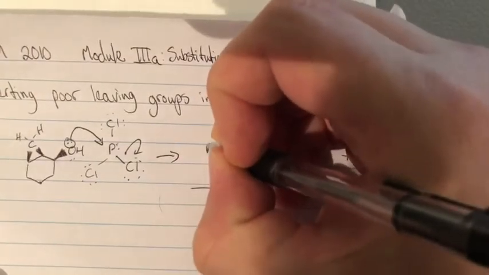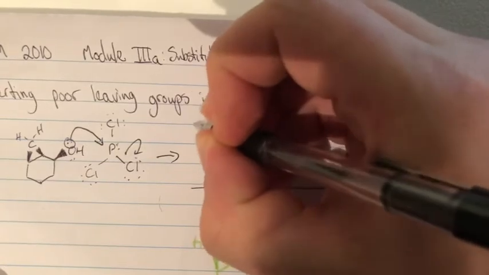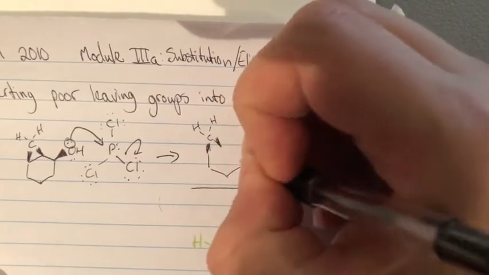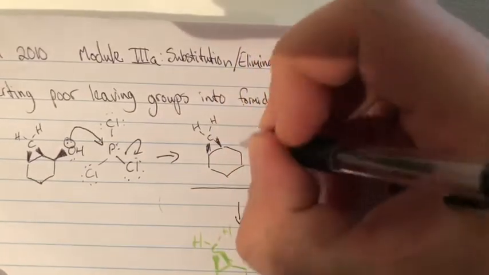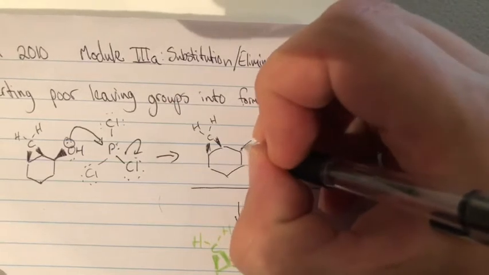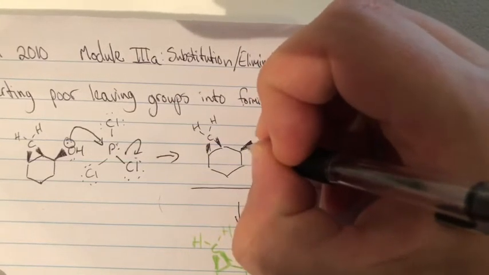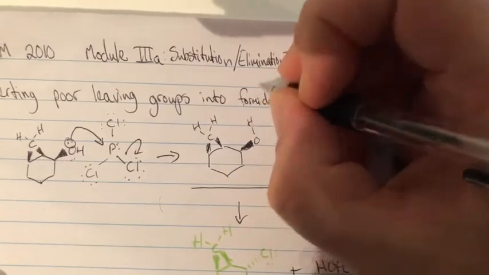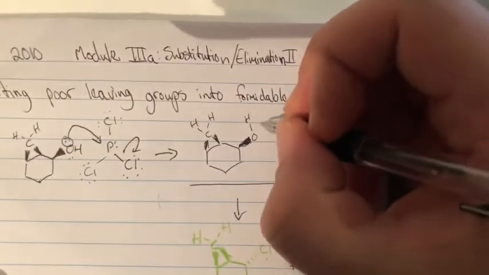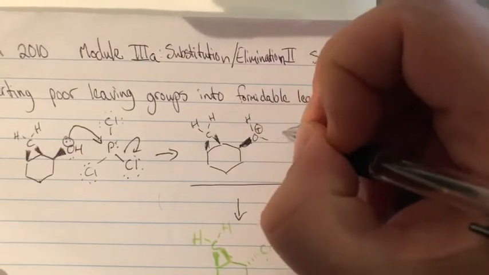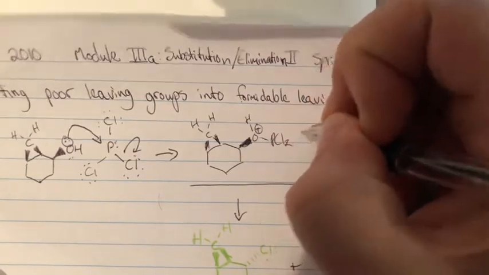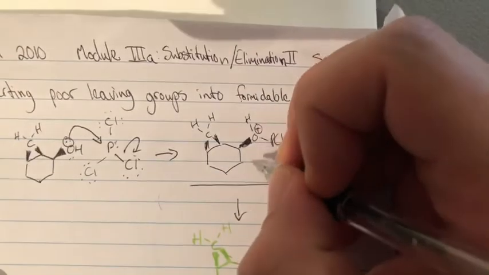Now, you will form a charged species. It's not really going to change the stereochemistry on the left side. On the right side, you're going to see that once you now have a good leaving group, so much of a good leaving group that a Cl minus that is left is now going to act as a nuke to remove this POCl2H species.